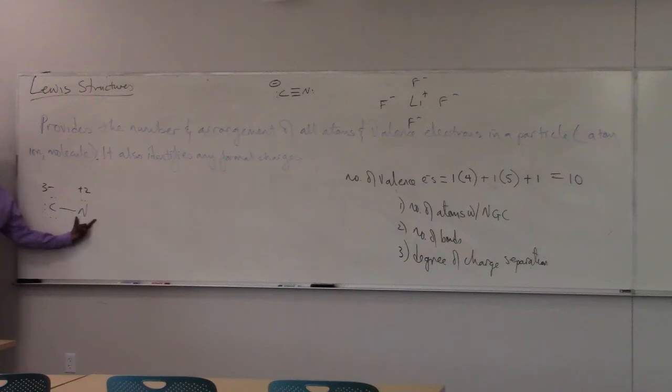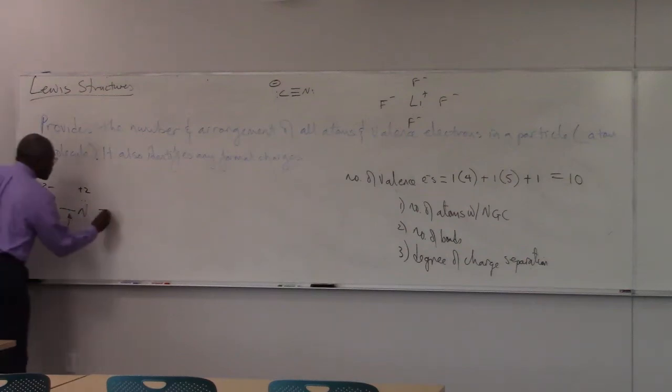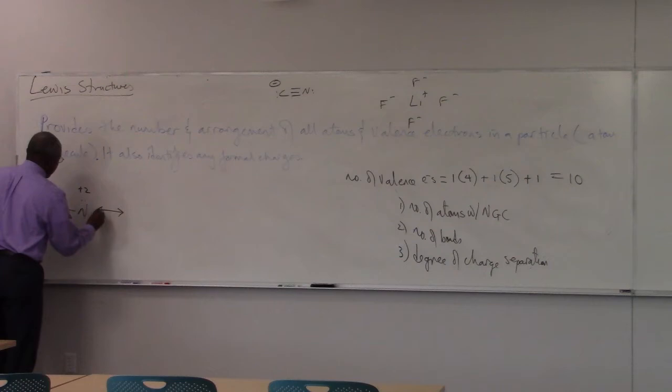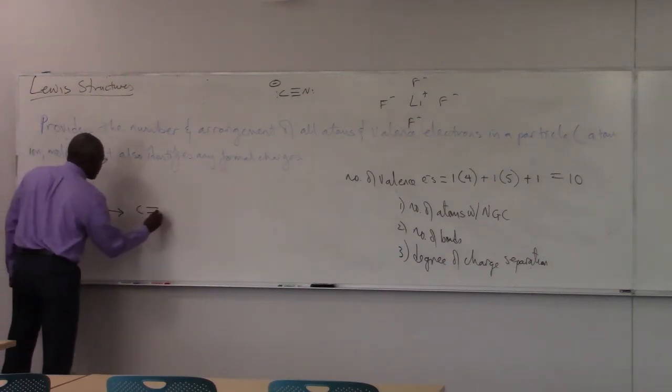It does not have an octet, it's poor. It's got a positive charge, poor in electrons. The carbon is negatively charged, it's electron-rich. Electrons flow from electron-rich to electron-poor. So I'm going to take a pair of these electrons and move them between C and N. Okay? That's going to give me a structure that now looks like this.